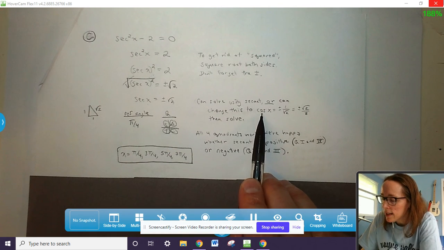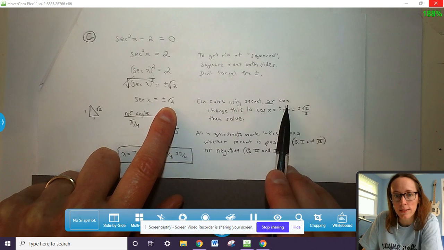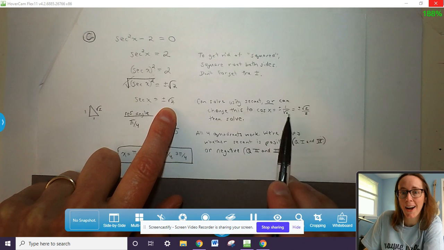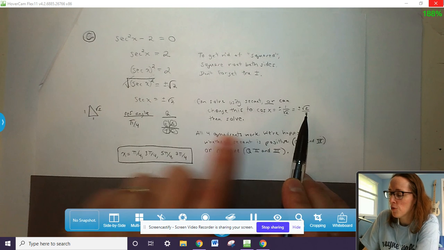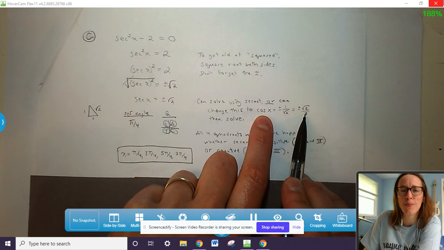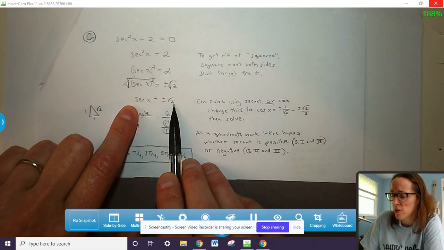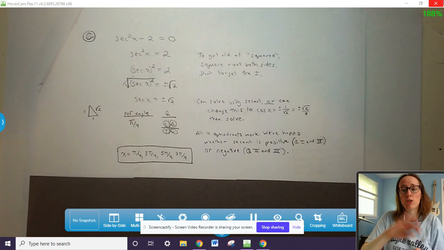So if secant is plus or minus radical 2, then cosine is plus or minus 1 over that, which is plus or minus radical 2 over 2 after you simplify this fraction by rationalizing the denominator. So if this looks more familiar, when you look at that, if you say, oh yeah, that's pi/4, and it's easier for you than working with secant, then switch it over to cosine, no problem. So if you're working on a problem that has cosecant, you can switch it to sine.